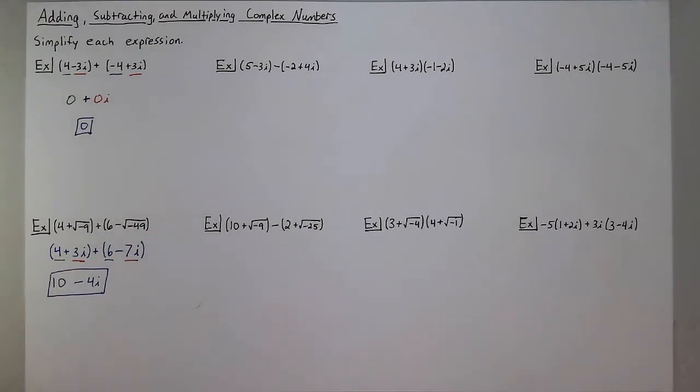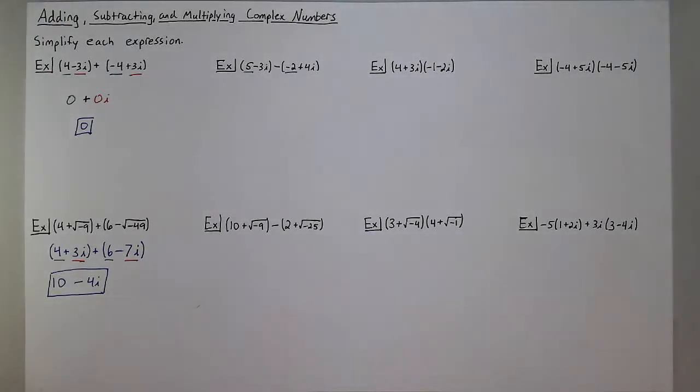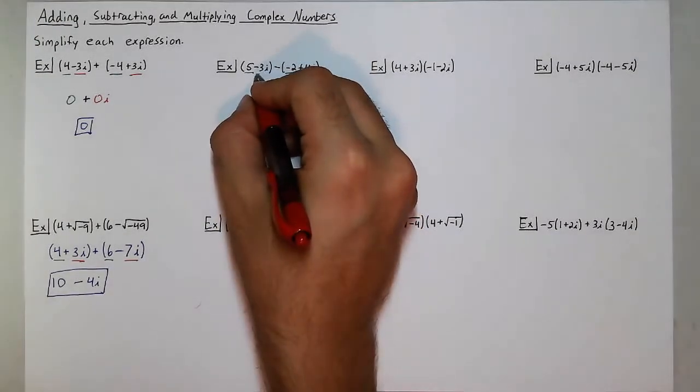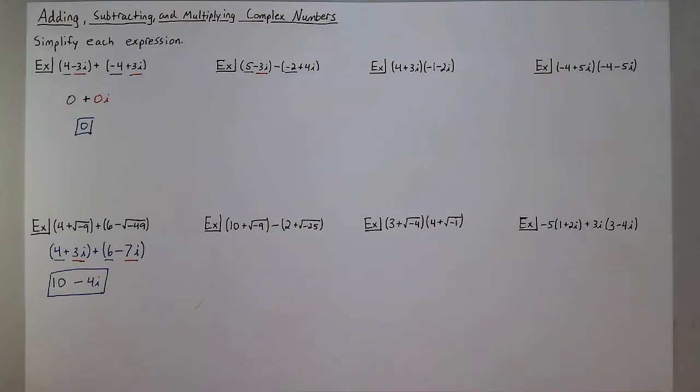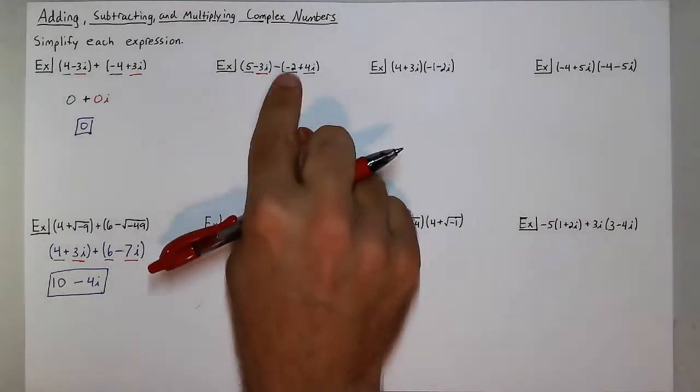Now let's look at the next example. We subtract, which is basically the same as adding. We just now add the opposite value. So we're going to subtract our real parts and subtract our imaginary parts. So real part, 5 minus -2.